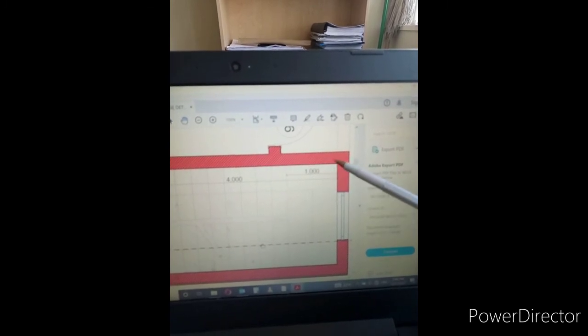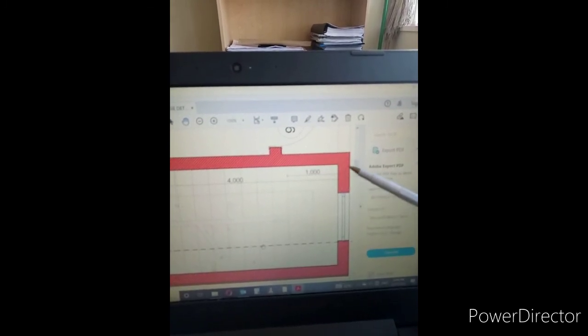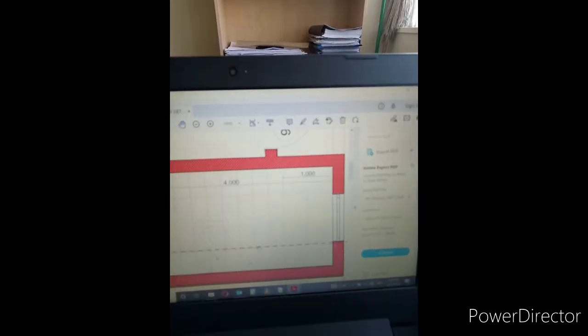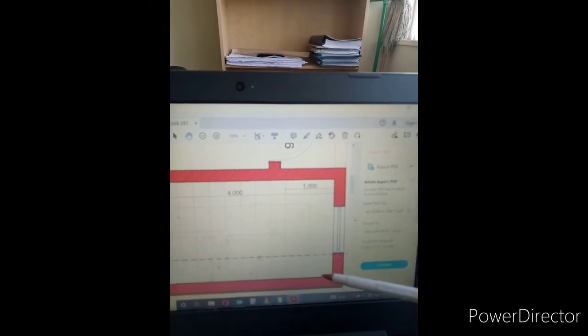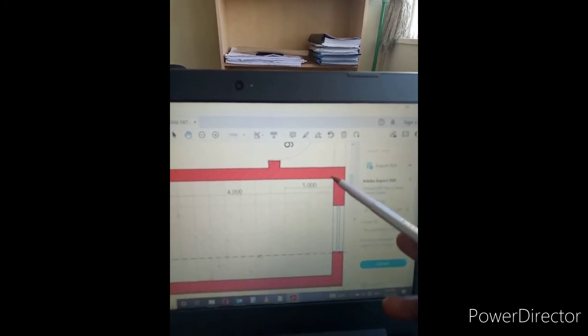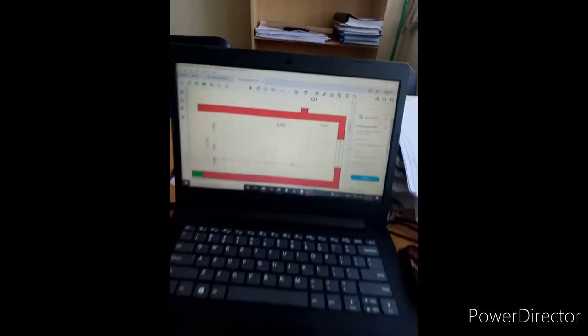So here it's 1,200 including this part which is under the brickwork. Hope you understand that. And then there is 2,100, the length.